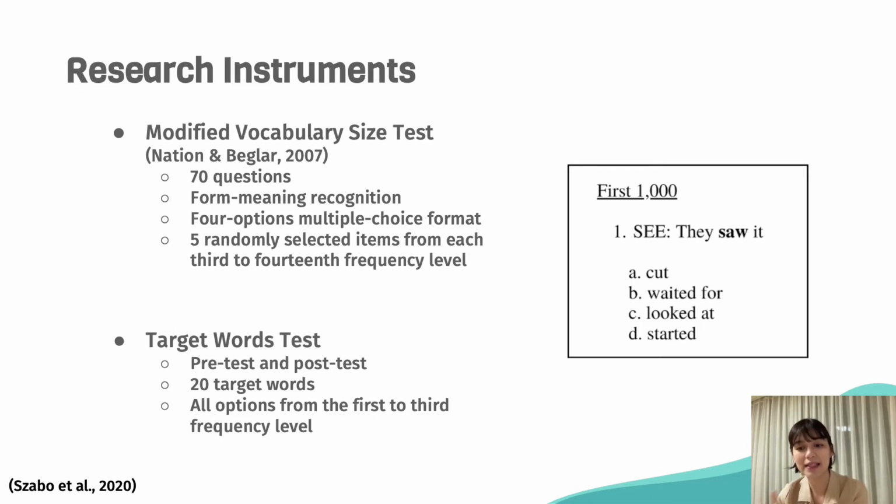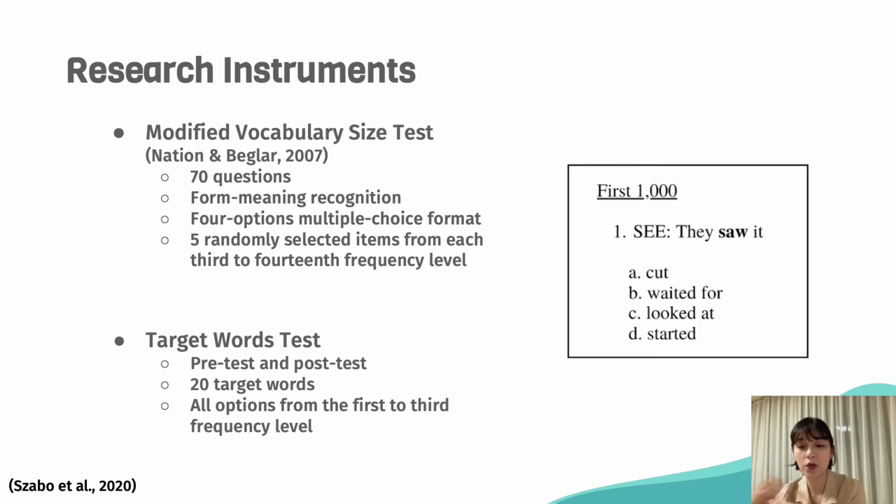The target words test was used as a pretest before and a post-test after watching the video, and it contained the 20 target words that were selected from the video in the same 4-option multiple choice format as the vocabulary size test, and all the options were from the 1st to 3rd frequency level.